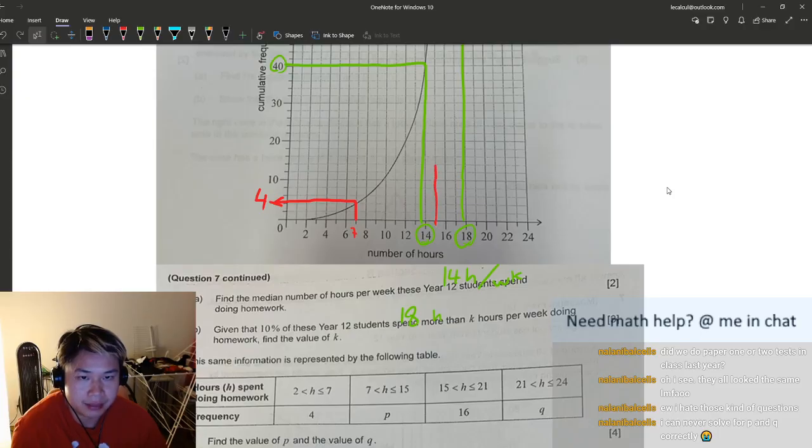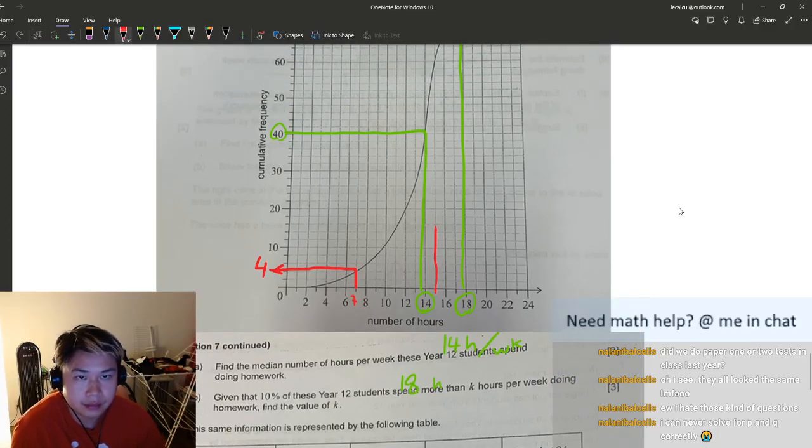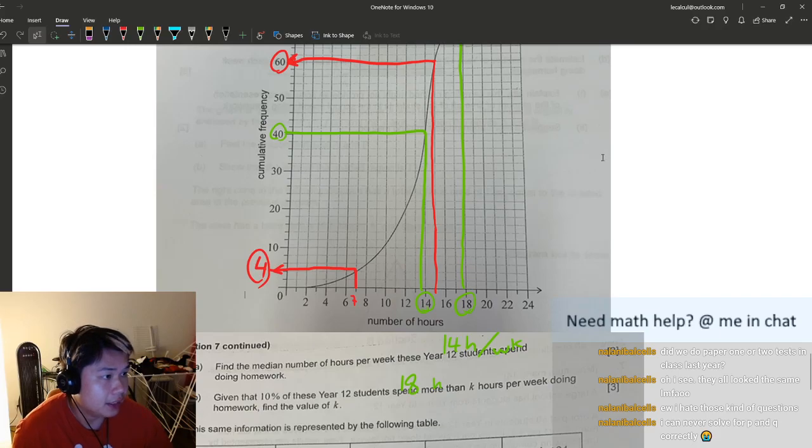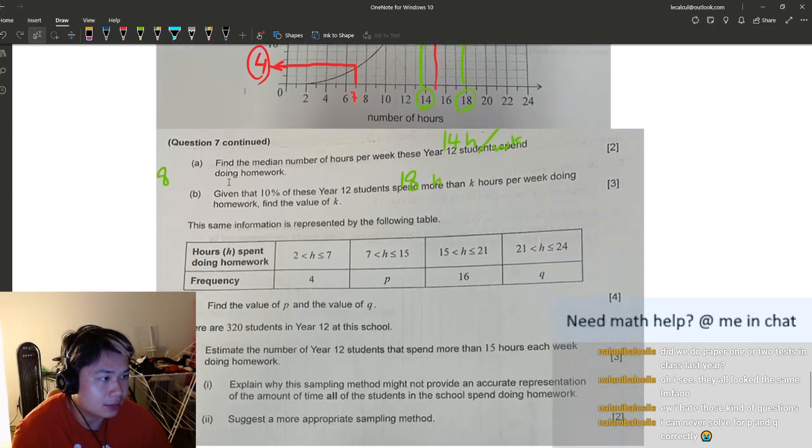So this goes up, and I think that goes up to right here. And that means 60 people, right? Okay, so 4 to 60, not including 4, so like 56. The difference between the two numbers, 56.